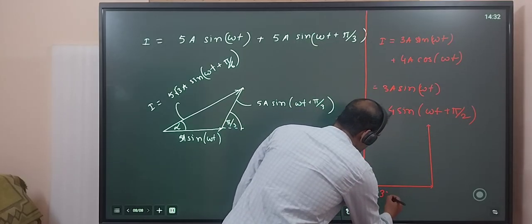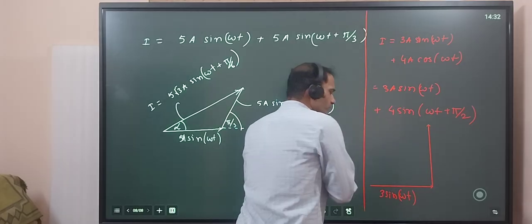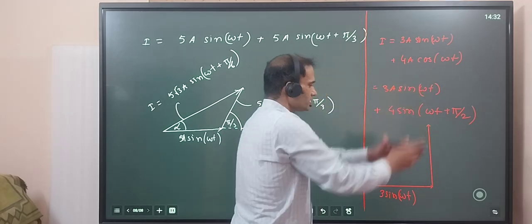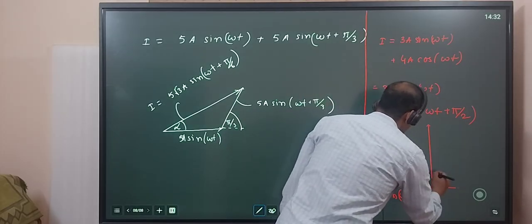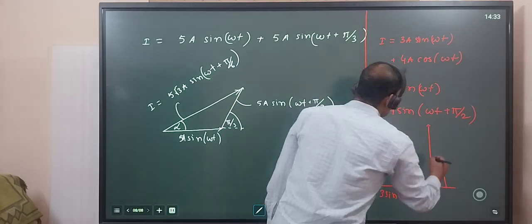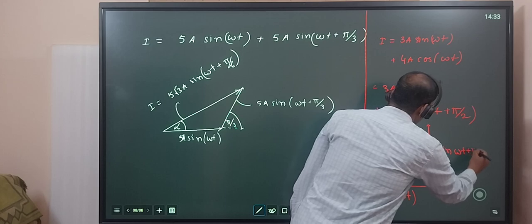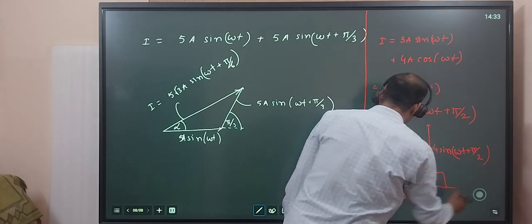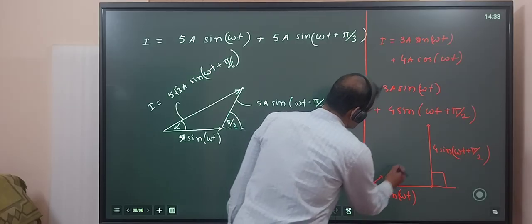This one is 3 sine omega t. Suppose the omega t angle is this horizontal. Then the other angle, omega t plus pi by 2, will clearly be vertical. So this is 4 sine omega t plus pi by 2, and the resultant is this.